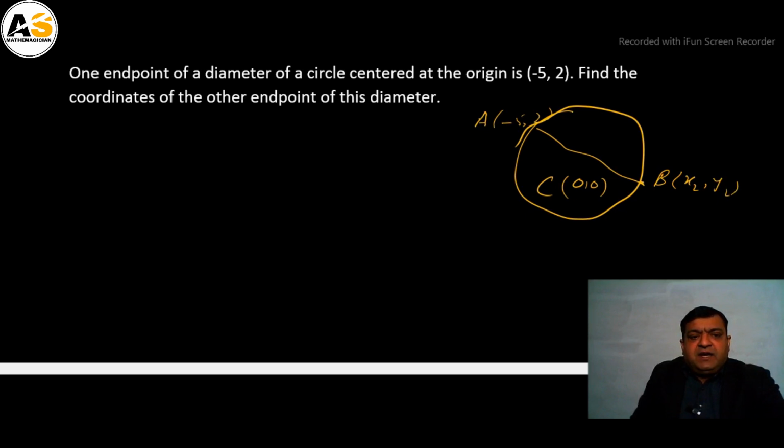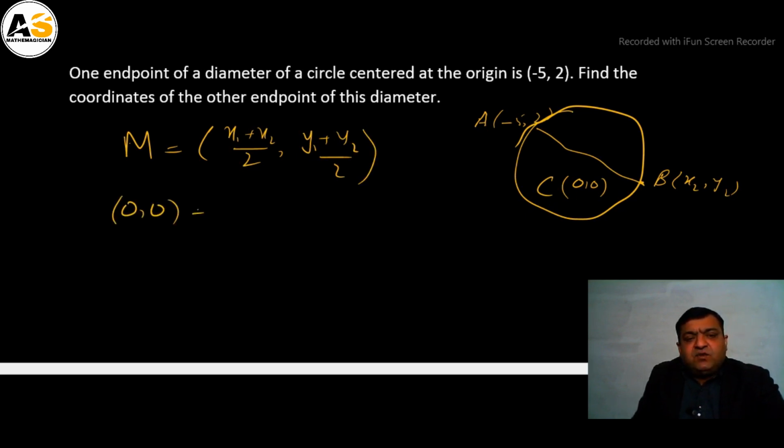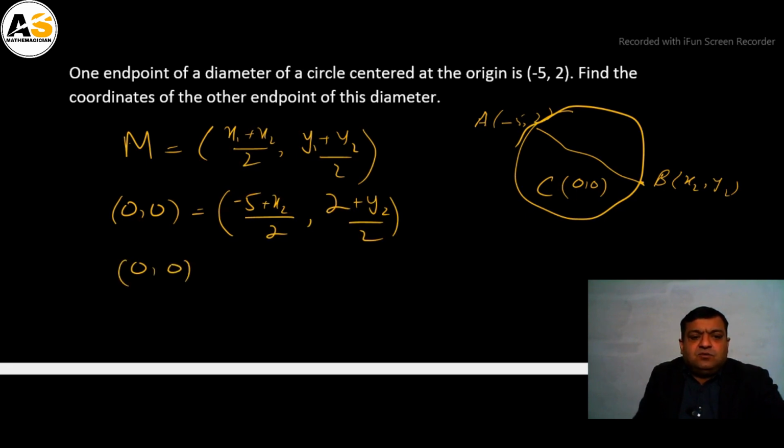So what we are given is the midpoint. We know the formula of the midpoint. Midpoint is equal to ((x1 plus x2) over 2, (y1 plus y2) over 2). The midpoint is (0, 0). x1 is -5, x2 we need to find, over 2; y1 is 2, y2 we need to find, over 2.